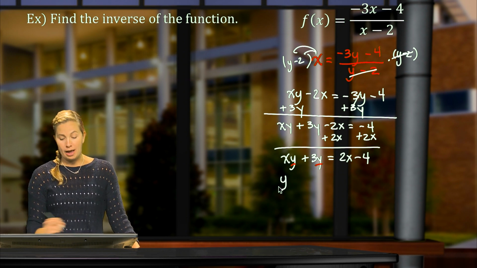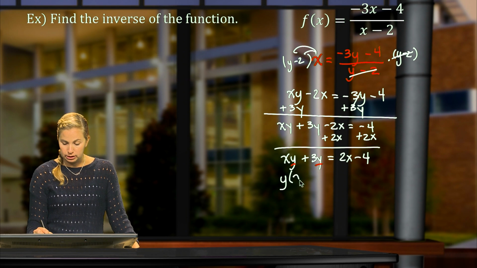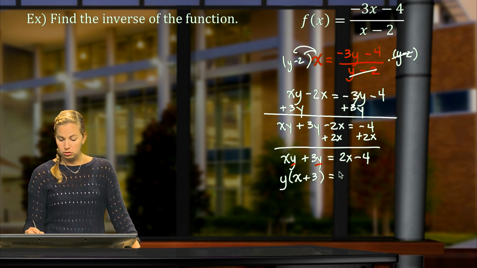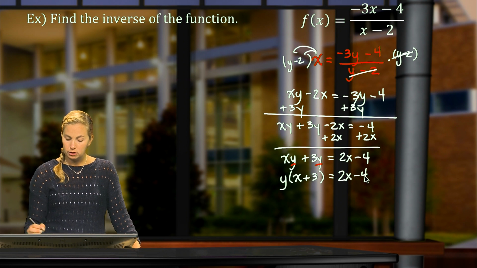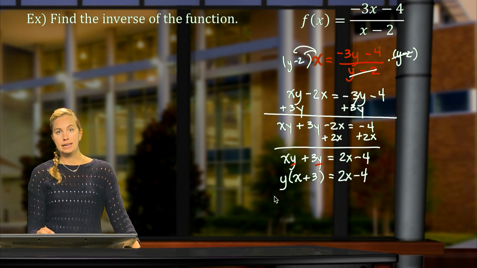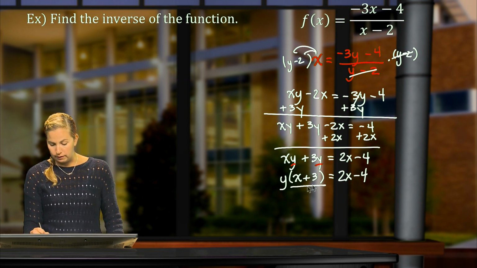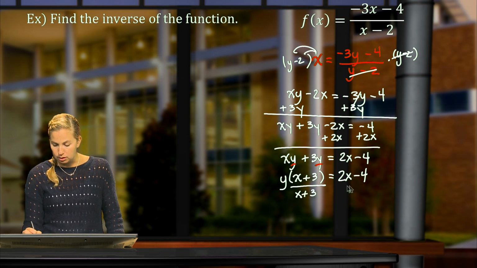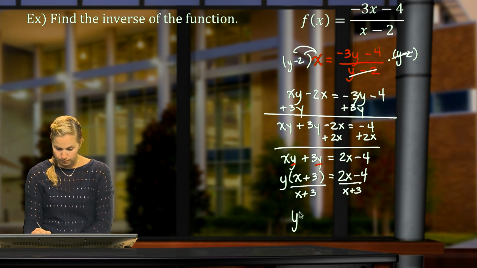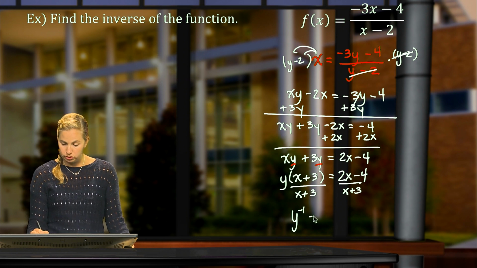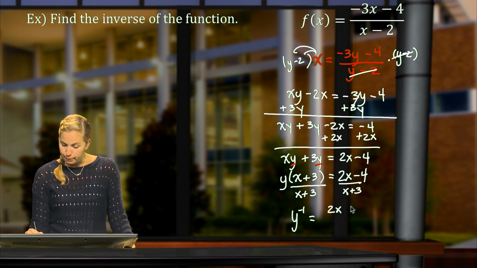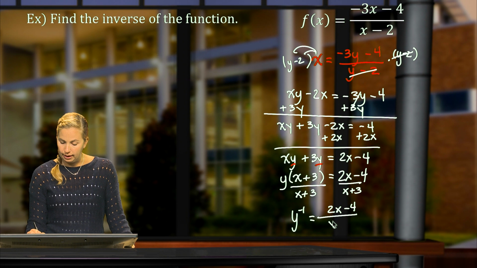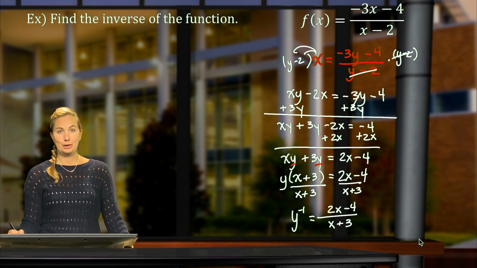So I can factor it out, and my other factor is x plus 3 equals 2x minus 4. And now we can see that isolating y only requires dividing both sides by x plus 3. And we now have our inverse, which is 2x minus 4 divided by x plus 3.